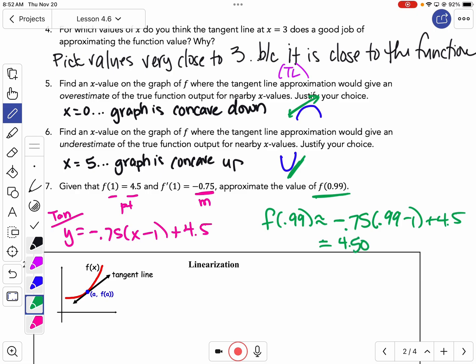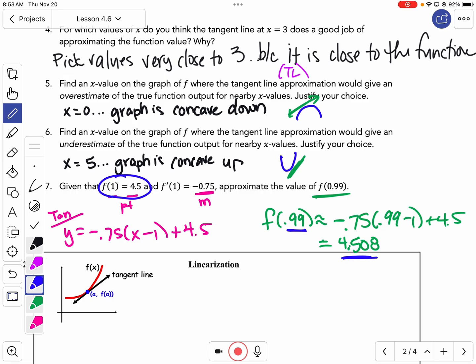Yep, 4.508. Now, think about this. You can always double check to see if your math is correct, okay? We knew that at x equals 1, the y value was 4.5. I'm doing f at 0.99. It should be close to 4.5, is it? Yeah, okay? So we know we did it right. You can check the reasonableness of your answer. If you got 27.4, we did something wrong, okay? It should be glaringly obvious to us that we did something wrong.